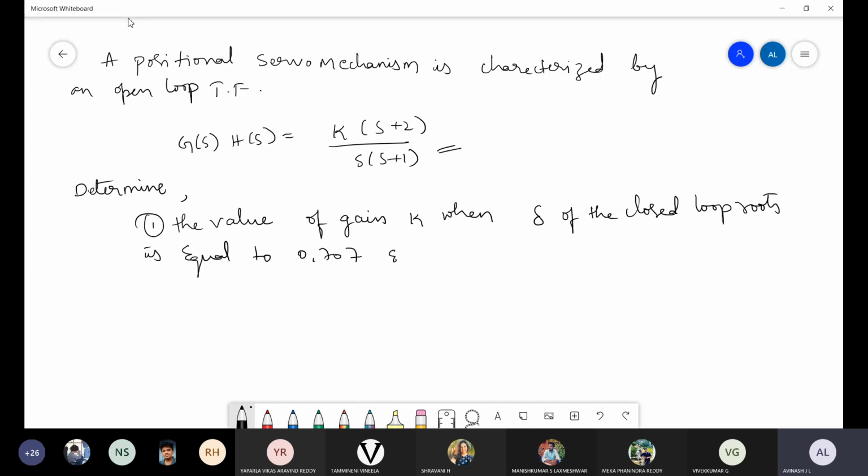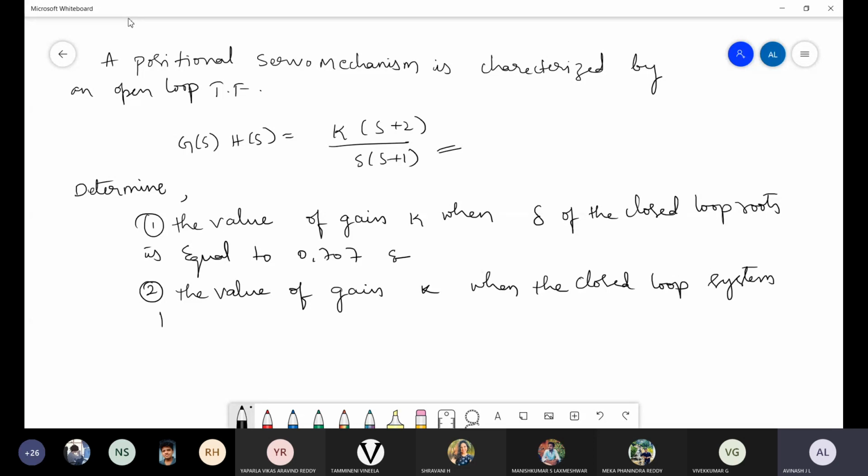Damping ratio they have given. Second, determine the value of gain K when the closed loop system has two roots on the j omega axis. Please make a note of it.